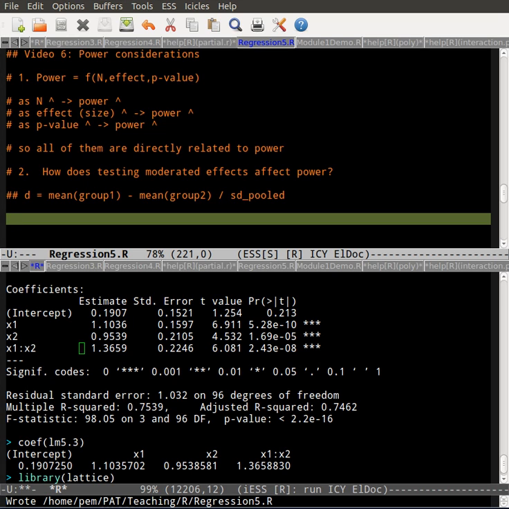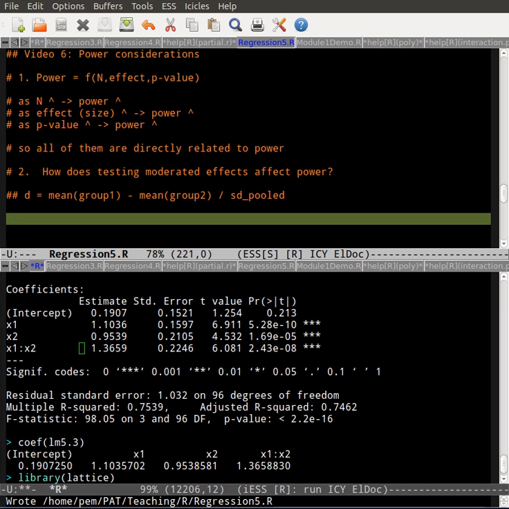What attenuates the weights are, as we talked about so far, one is the hierarchical nature of testing effects. If we attenuate effects due to order, so if we take type 1 sums of squares and we enter in effects that we really care about later on in our model, there's going to be less variance in y to explain because all of the prior predictors got that variance. They were assigned that variance simply by order.